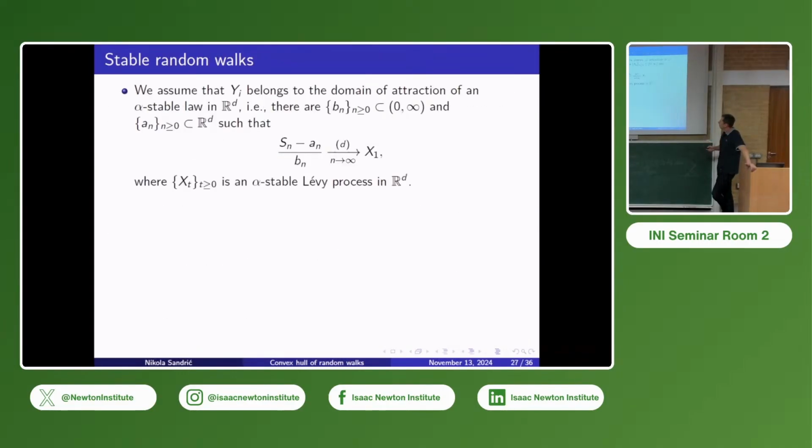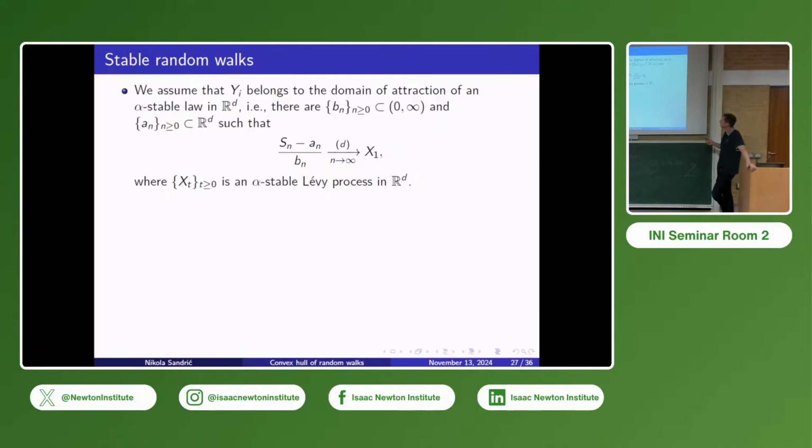So far I discussed only the case when we have finite second moment, or maybe higher moments. Now let me say a few words, not much, about the case when the second moment doesn't have to be finite. Then we are naturally in the domain of attraction of stable laws. So we assume that our jumps belong to the domain of attraction of some stable law.